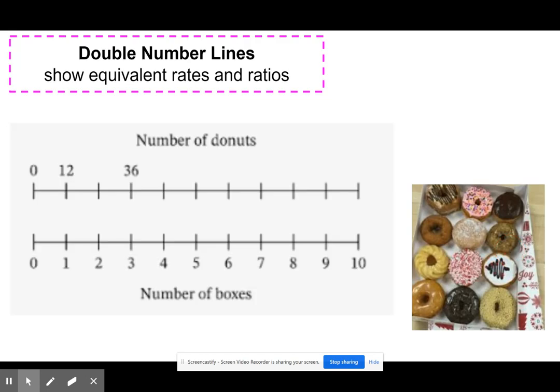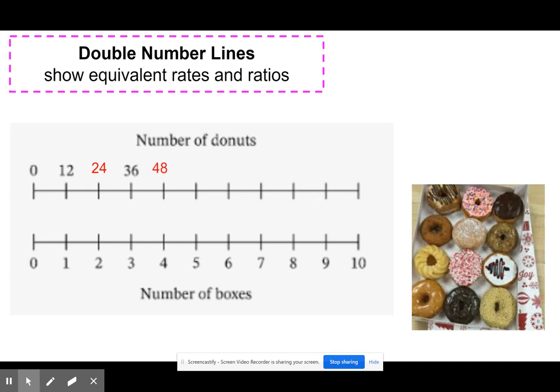Here's a double number line of donuts compared to the amount of boxes used. So we can see there's 12 donuts in one box. If we had 2 boxes, how many donuts would be there? 24. If we had 3, we'd have 36 donuts. What about 4? Yeah, 48.